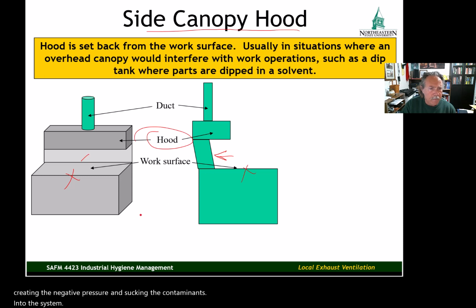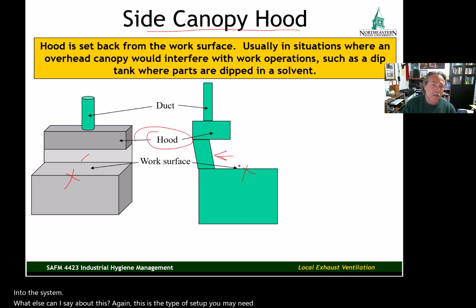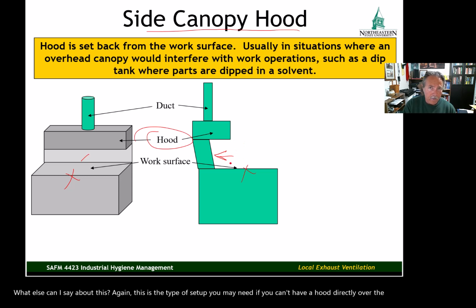Again, this is the type of setup you may need if you can't have a hood directly over the work area. If a hood over the work area gets in the way, this might be a setup that could work.